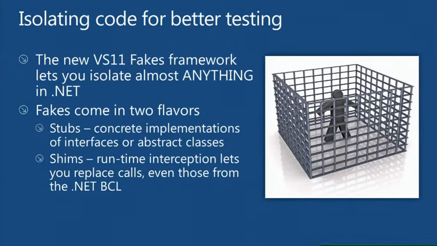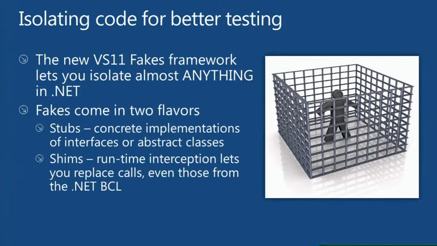We know of Moq and NMock and things like that. But also, isolation requires you to make some very strong decisions about your design, and I'll be talking about some of those design principles on Friday. But still, you're going to have situations, unavoidable, where you have code that you need to figure out how to isolate. In Visual Studio 2012, we've introduced a thing we call the Fakes framework.